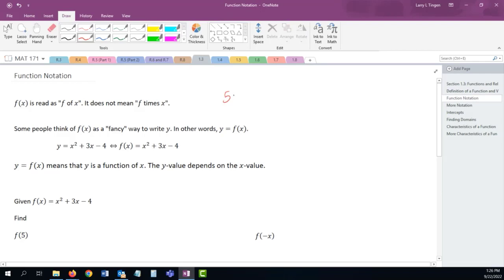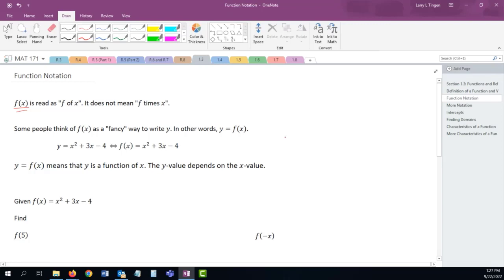If I tell you 5 times x is 5x, that's what it would mean if it were written. This is a special case where there's no operator between the f and the x, but we are dealing with functions, so whenever I encounter this, I'm looking at a function.